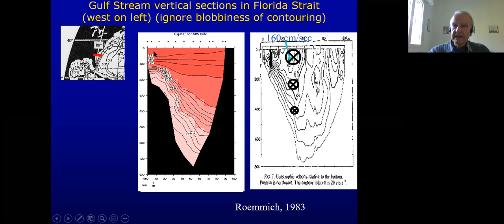So that means that the sea surface here will be lower than here. The surface height will be something like that. So we have the higher sea level in the open sea and the lower sea level at the coast.